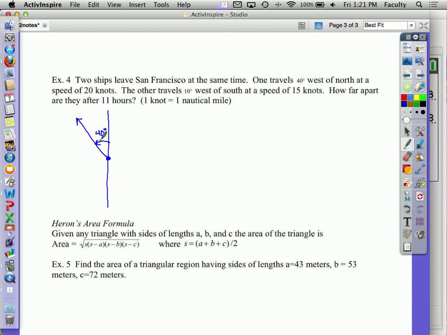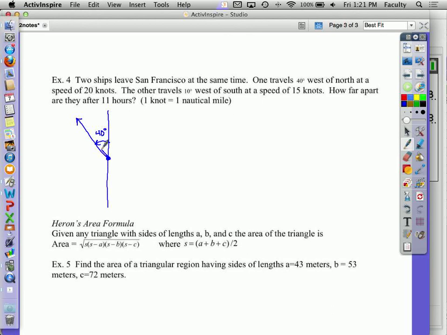It's traveling 20 knots for 11 hours. So a knot really is like nautical miles per hour. So what would be the distance after 11 hours? 20 knots for 11 hours. 220, right?